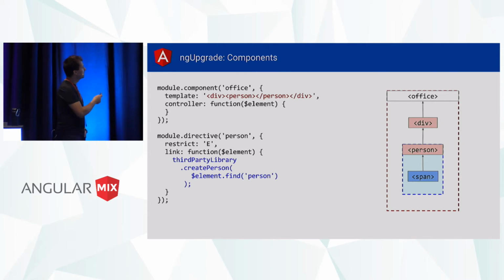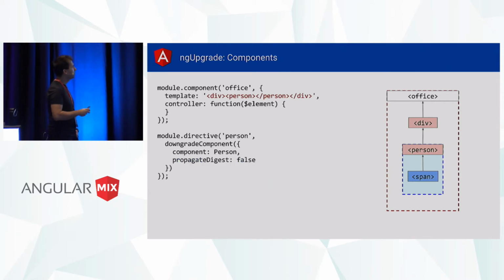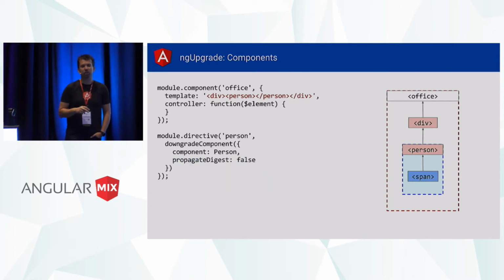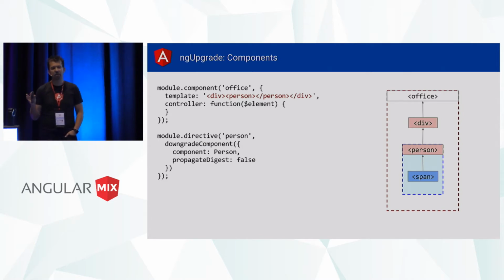And specifically, as you can see where I'm going with this, the third-party library could be a downloaded component library that takes an Angular component and makes it available to AngularJS. So that's the mental model of how this works: we create a directive that triggers the bootstrapping of Angular inside of AngularJS.